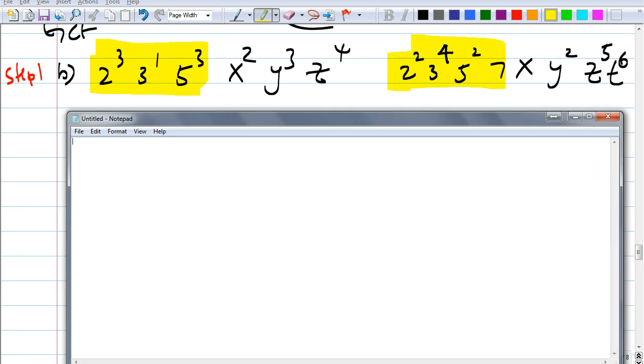Again, I was really nice, because I did step 1 for you. You didn't have to do a factor tree for these. Now what do you think you're going to do when you have some variables along with all these numbers? Sarah? Will the GCF be along with the biggest exponent? Biggest exponent?